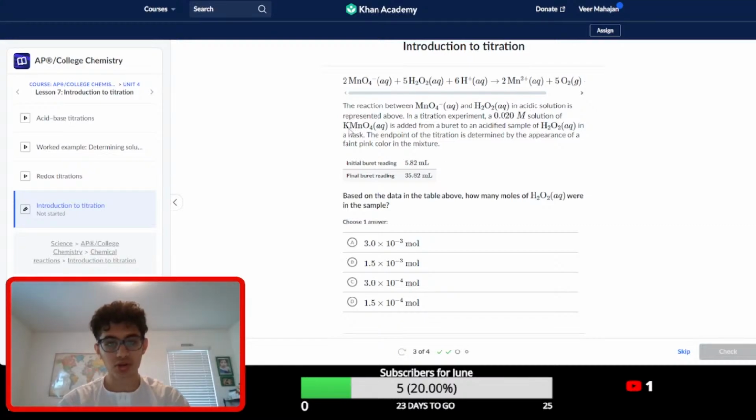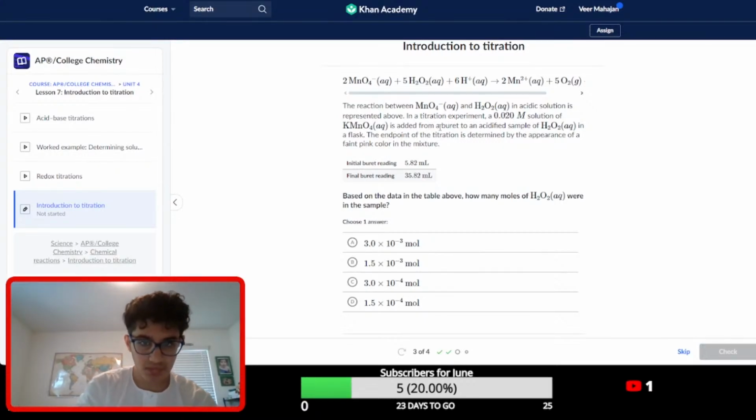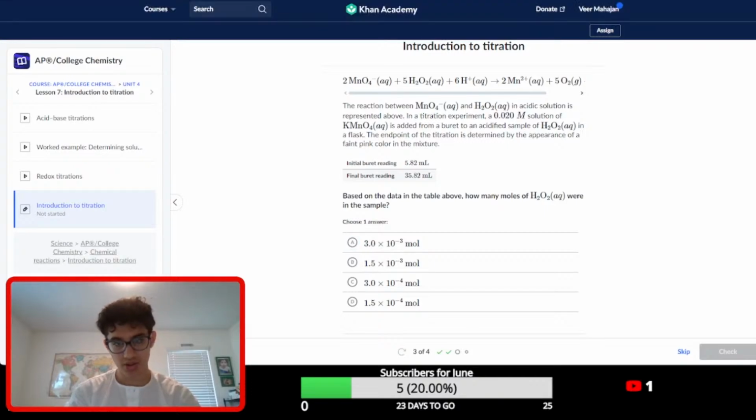Oh, okay. The number of moles of potassium permanganate will just be the same as the number of moles of permanganate, which means the ratio will be five halves. So I'm guessing it's either 1.5 times 10 to the negative third or 1.5 times 10 to the negative fourth moles, because this will probably be five times the number of moles of permanganate. So these will be five halves.